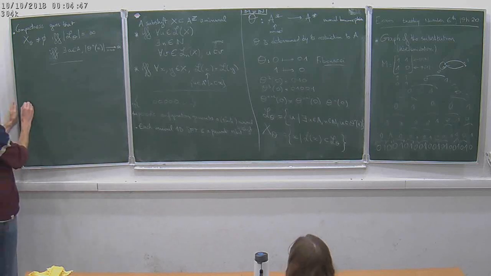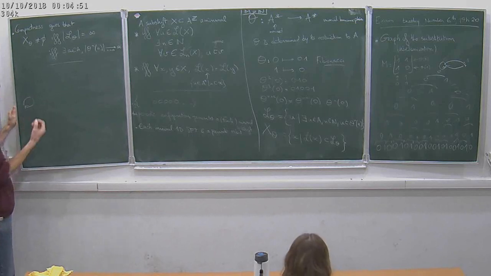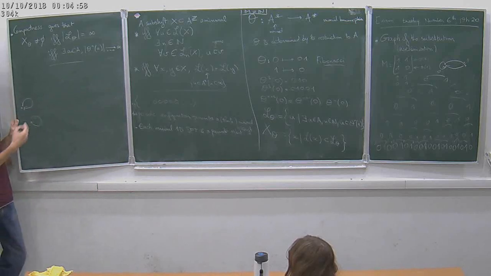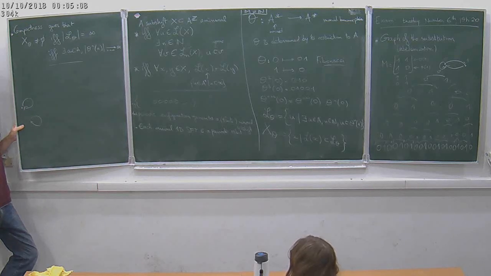So for example, if I had a graph like this, or maybe like this. This is something like 0 gives 0 and 1 gives 1. At least I must have the image of one letter give me at least two letters. So I must have one vertex with two outgoing arrows.